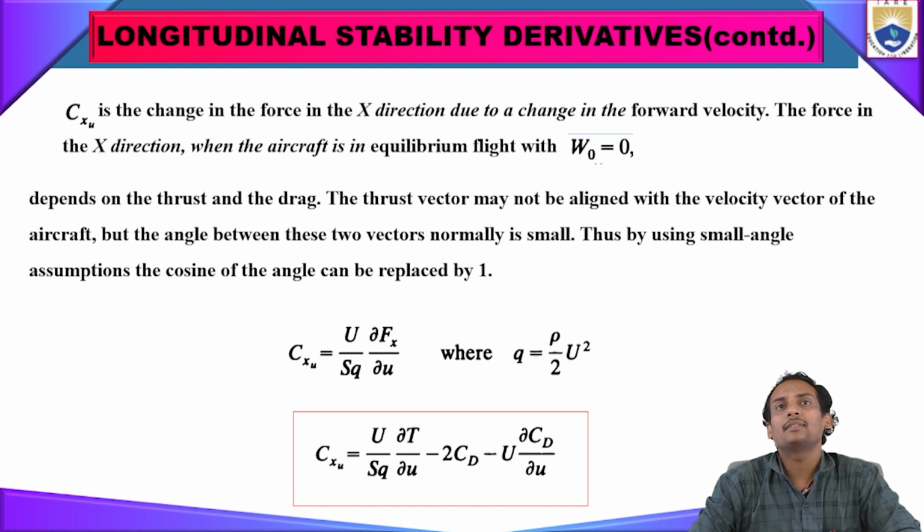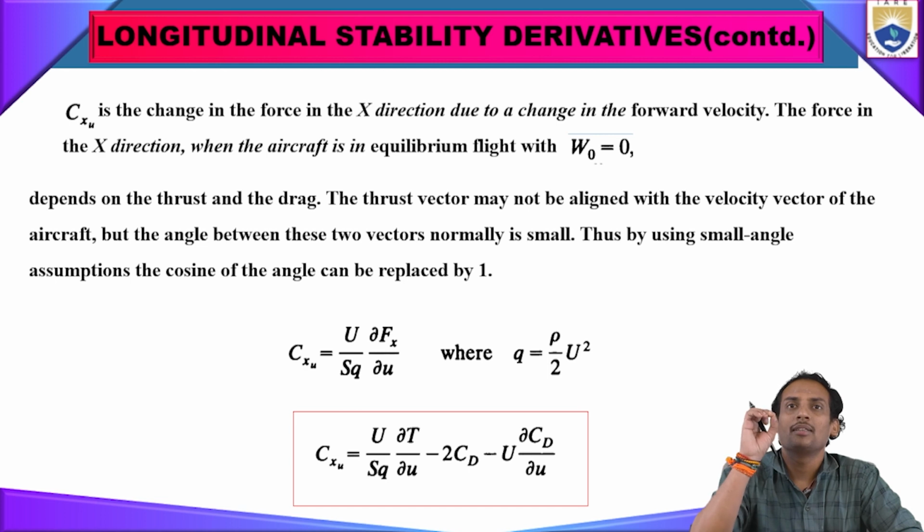So the force in the x direction when the aircraft is in equilibrium flight, with w naught being 0, like the actual velocity component at the zero condition is 0, then depends on the thrust and drag. The thrust vector may not be aligned with the velocity vector of the aircraft, but the angle between these two vectors is normally very small.